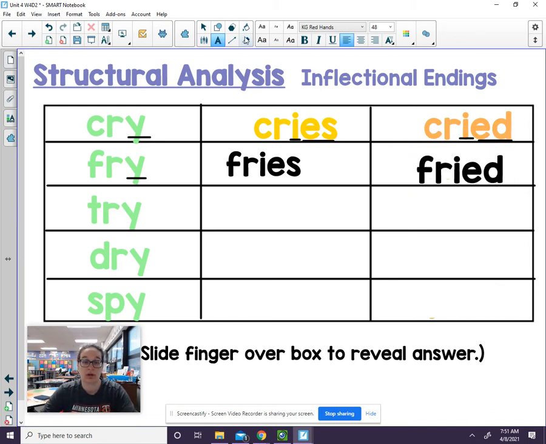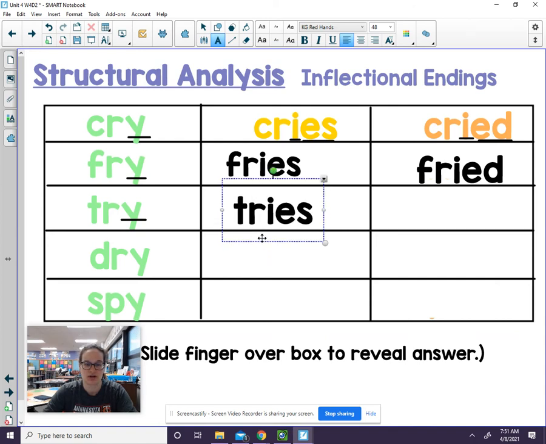Let's take a look at the word try. Again, we're going to change the Y to an I. So it'd be T-R-Y, no, we want to make it tries. So change the Y to an I, and then we'll add ES.